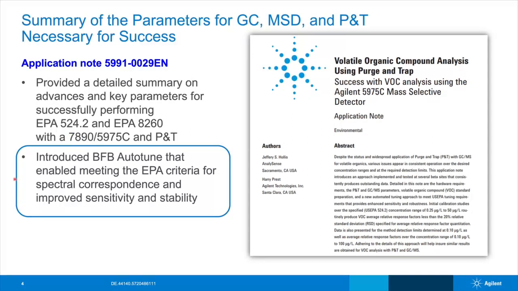One of the important things is it introduced BFB auto tune, which enables meeting the EPA criteria for spectral correspondence and provides improved sensitivity and stability. So this is a very good source of information to refer to, as I said, especially if you're beginning with purge and trap methodology.